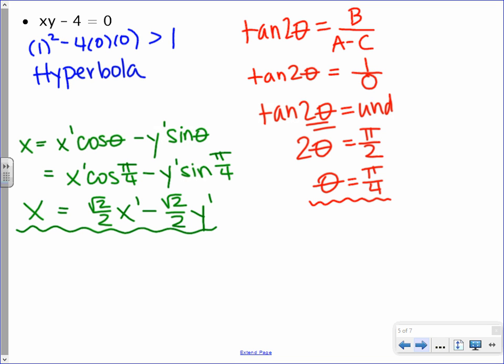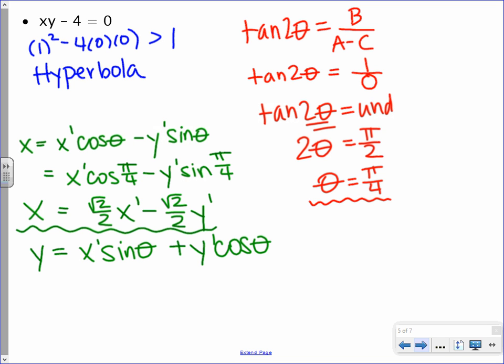But that's not all. We need to replace y with x prime sine of theta plus y prime cosine theta. So do you see how sine and cosine switch places? And one's subtraction and one is addition?